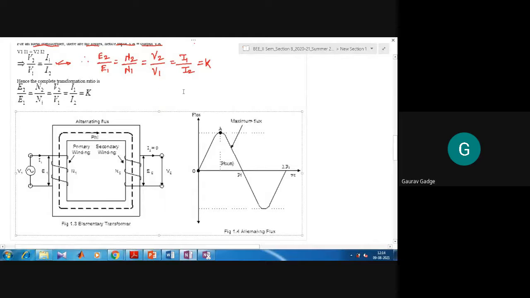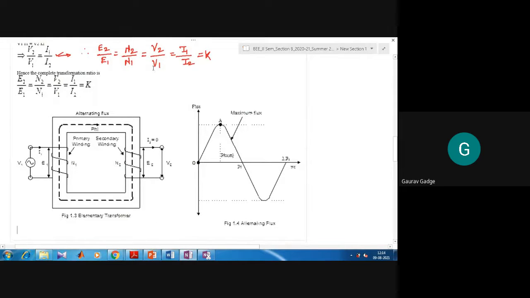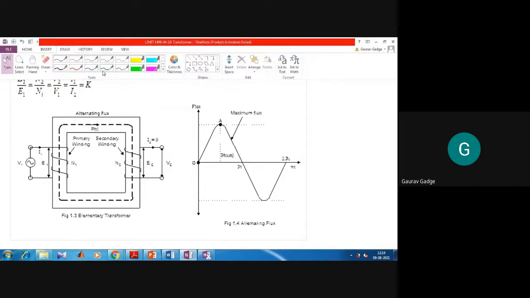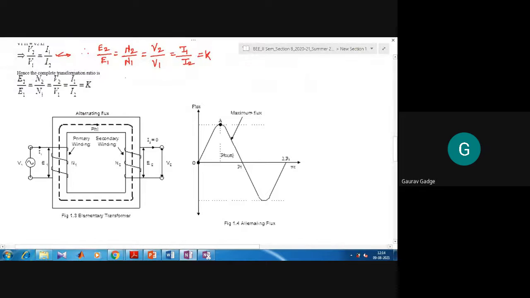Okay. Now आप यहाँ पर और कोई पॉइंट तो नहीं है डिस्कस करने के लिए, बट स्टिल यहाँ पर मैं आपको बता देता हूँ दैट V2 upon V1 is equal to I1 upon I2. It indicates that voltage is inversely proportional to the current.